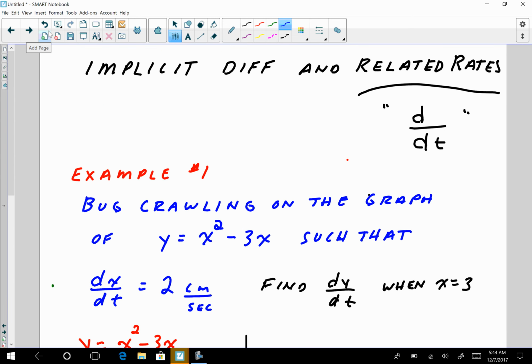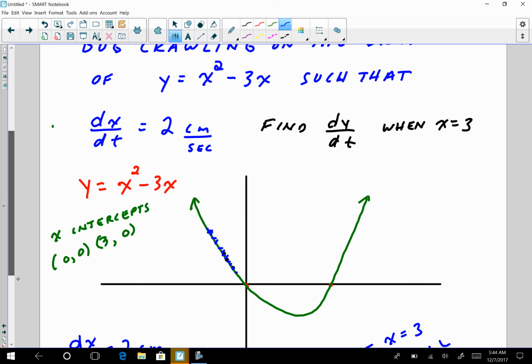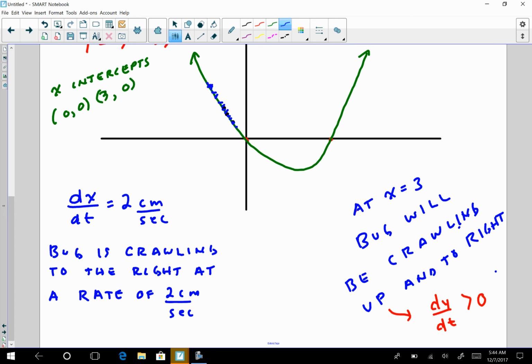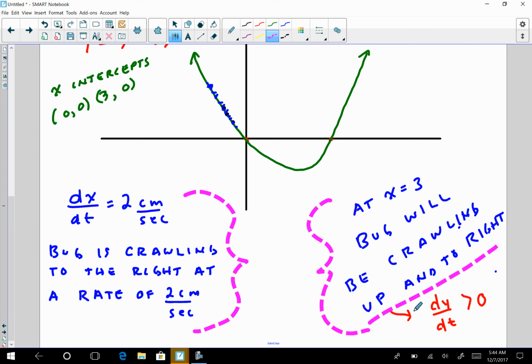So here's the next slide. Same problem, with some extra work. This is exactly what I outlined: dx/dt is 2 centimeters per second. The bug is crawling to the right at that rate. At x equals 3, the bug will be crawling up and to the right, and since he's crawling up, that tells me that dy/dt is going to be greater than 0 when he is right here at x equals 3.